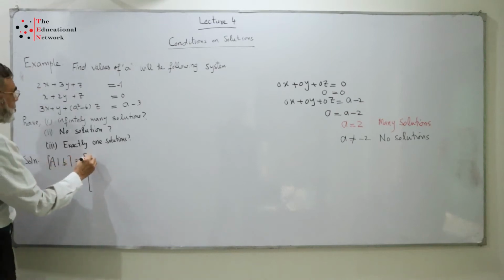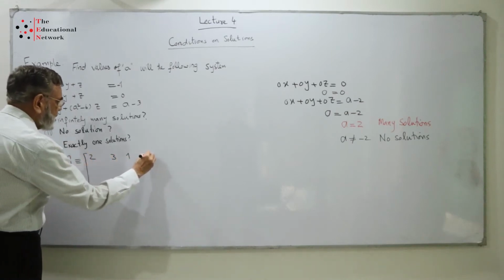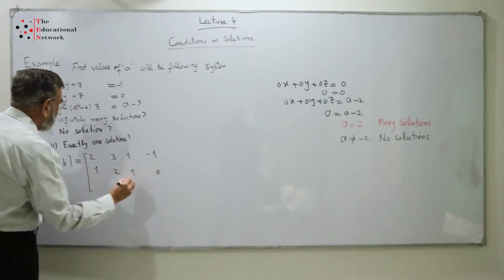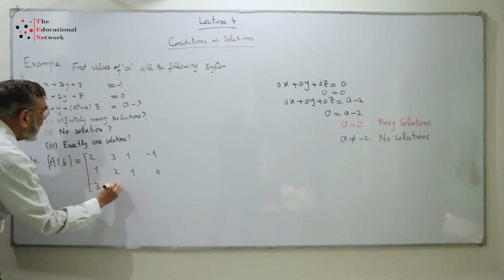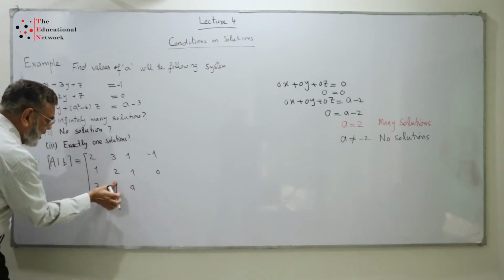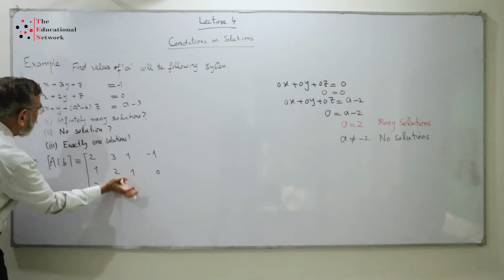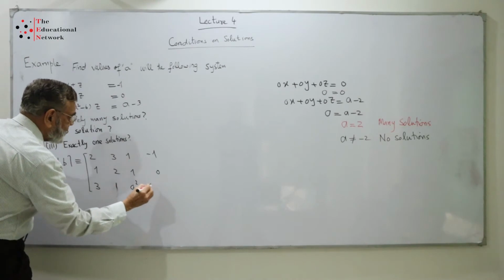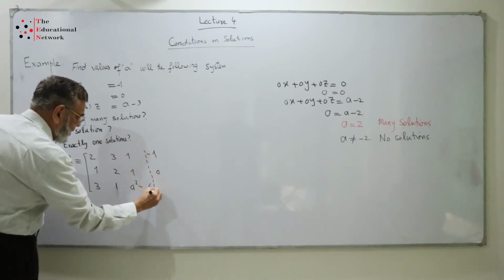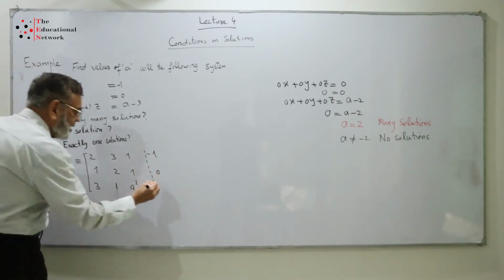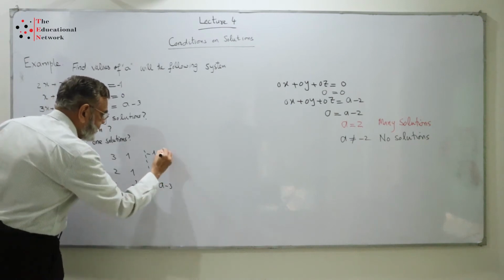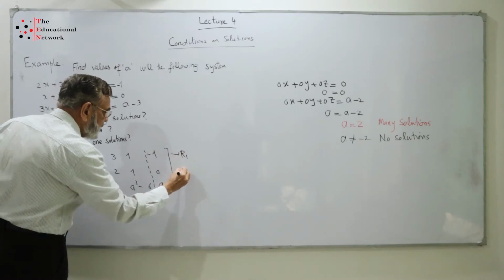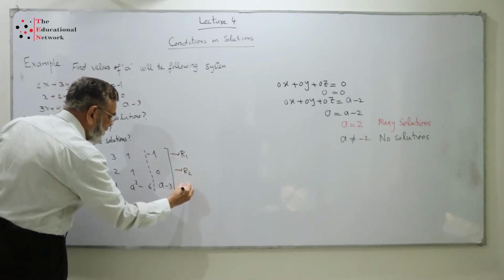So I have here 2, 3, 1 and -1; then 1, 2, 1 and 0; then 3, 1, a square minus 6, on the left, and on the right hand side a - 3. This is my row 1, this is my row 2, and this is my row 3.